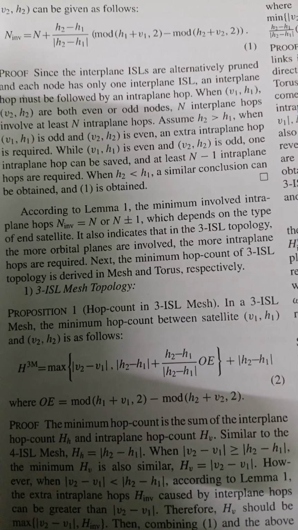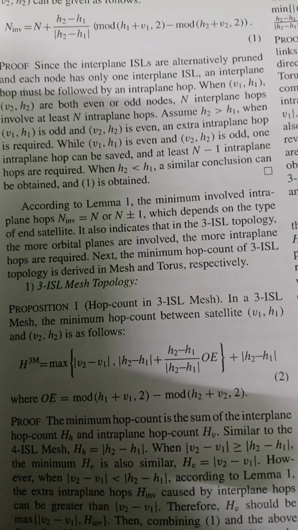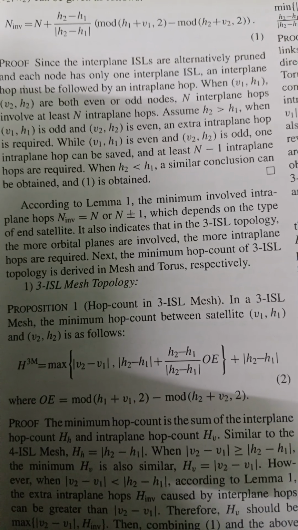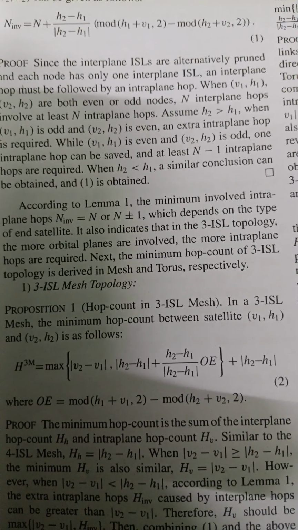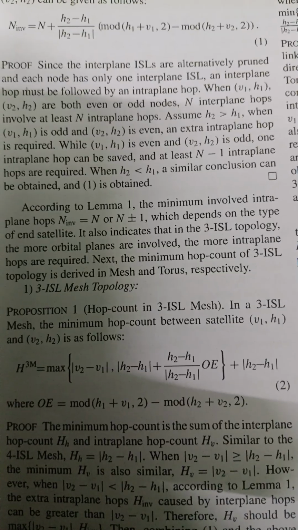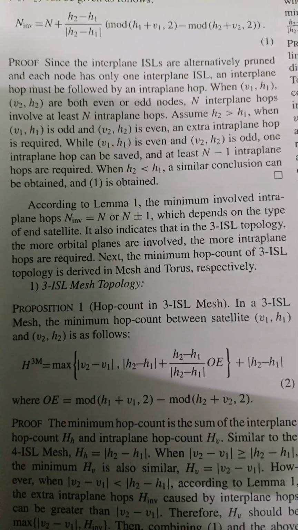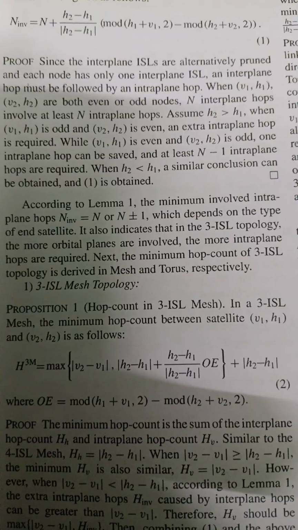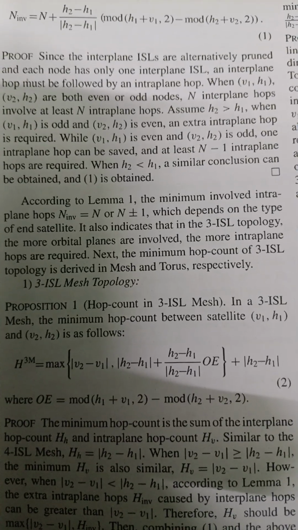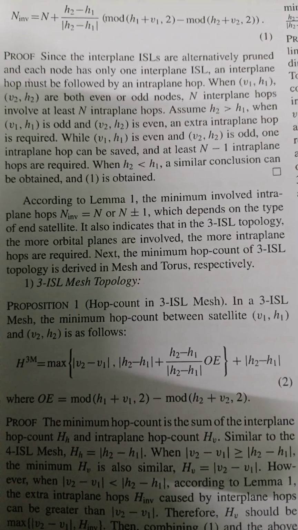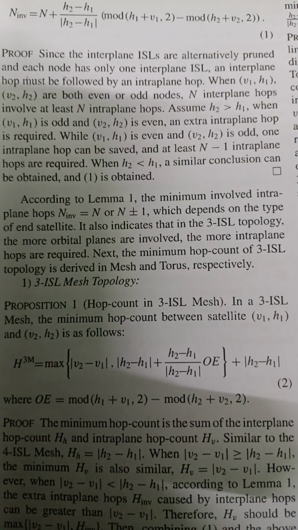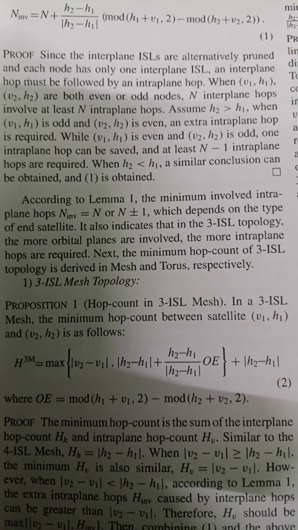an extra intraplane hop is required, while when (V1, H1) is even and (V2, H2) is odd, one intraplane hop can be saved and at least n minus 1 interplane hops are required. When H2 is less than H1, a similar conclusion can be obtained. Equation 1 is obtained.